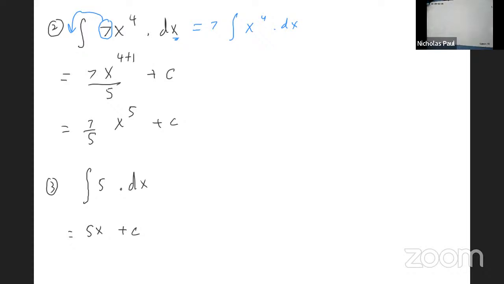So the little rule here is this. The integral of any constant a with respect to x is ax. Right? So the integral of a is ax, the integral of 10 is 10x, the integral of 20 is 20x.